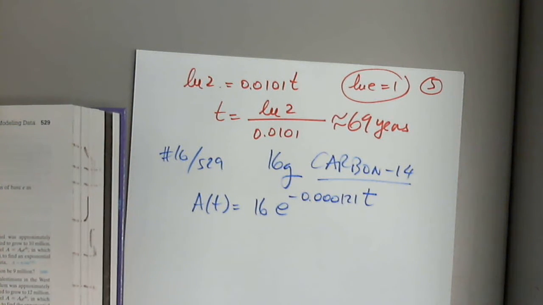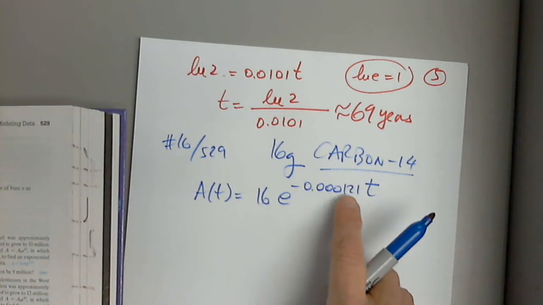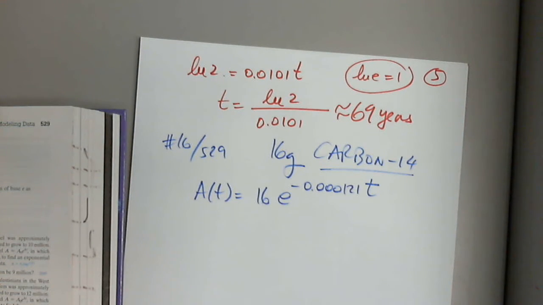It is obvious that it's an exponential decay model because in front of k, which is 0.000121, there is a negative sign. Perfect. It describes the amount of carbon-14 present after t years. Use this model to solve exercises 15 and 16.